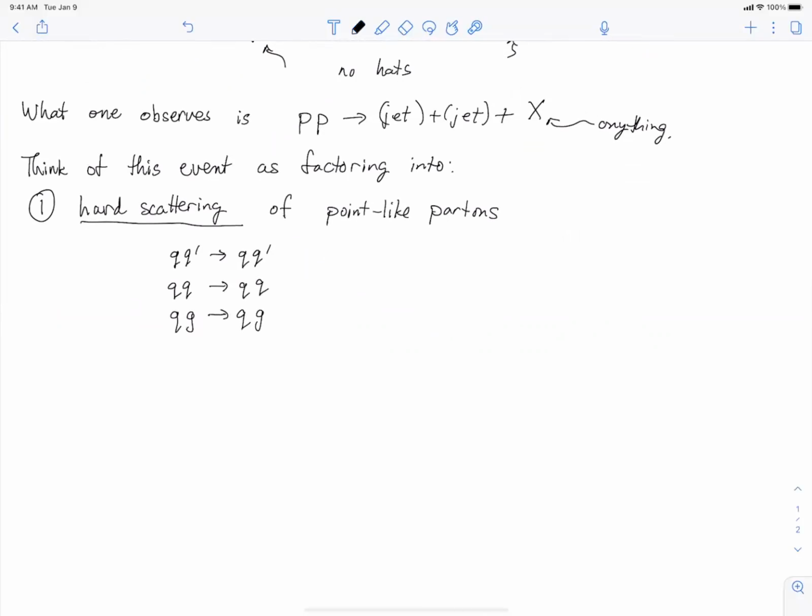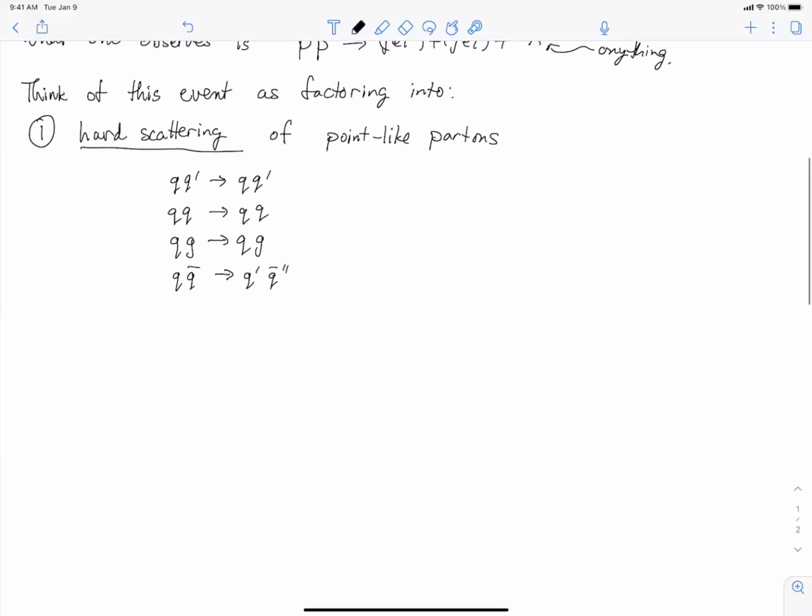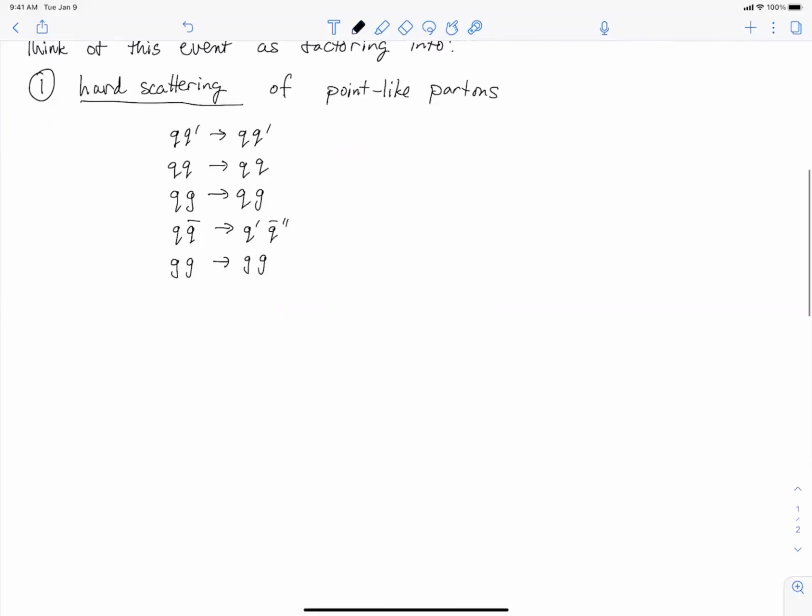There are some Feynman diagrams for that. Or I could do quark anti-quark goes to, for example, a different quark and a still different anti-quark. Or I can do gluon goes to gluon. Or, for example, quark anti-quark goes to gluon.